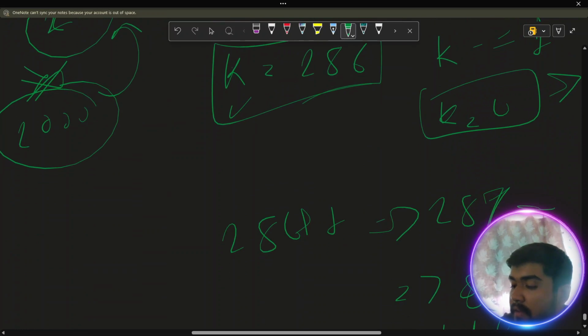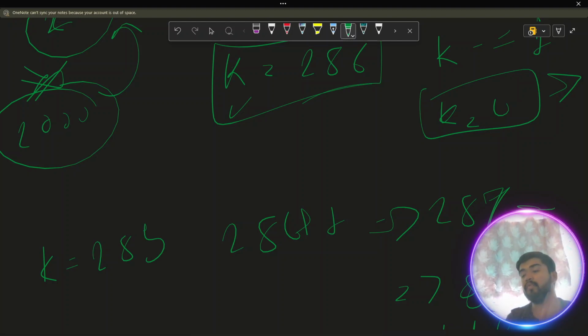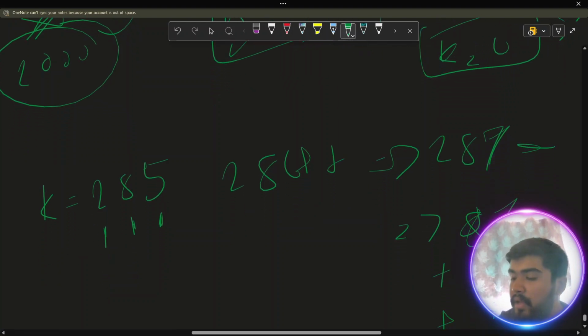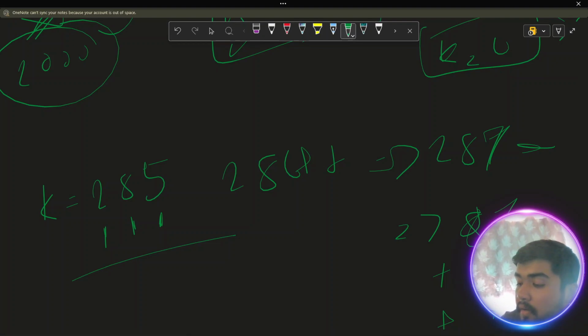Previously we started with 285, because we started with k minus equals 1, because we started with 1. So 285 minus 111 that we initially did, so this becomes 174, right?